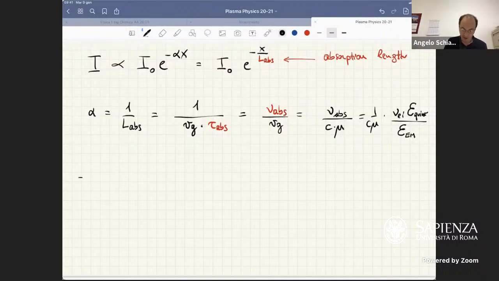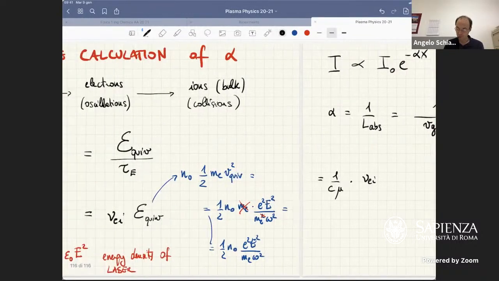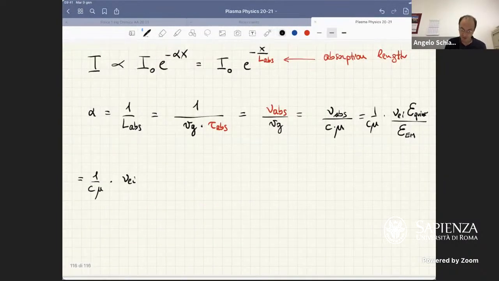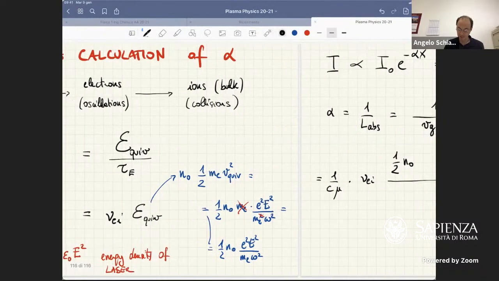And then we can expand what we obtained before. So we have 1 over c mu. So this is 1 divided by the group velocity. Then we have mu_ei, which is the collision frequency. Then we have the quivering motion energy density. So it is, let's put it up here, 1/2 n0, the density of the plasma, characteristic density.